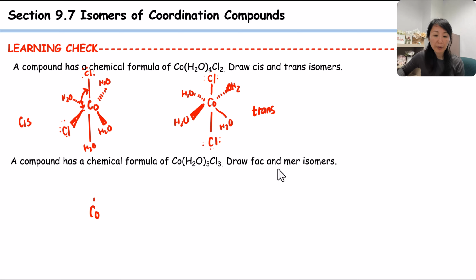So for example, if this is up and this is chlorine, then of the ones that are coming out at you, two better be chlorine. And the rest is water. We could have switched spots with H2O.